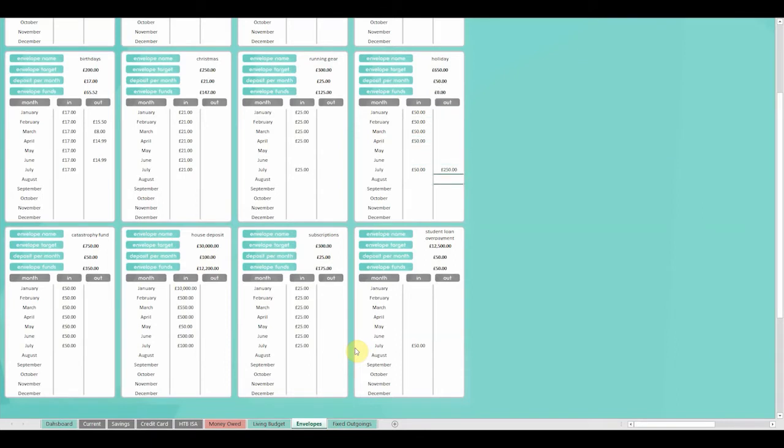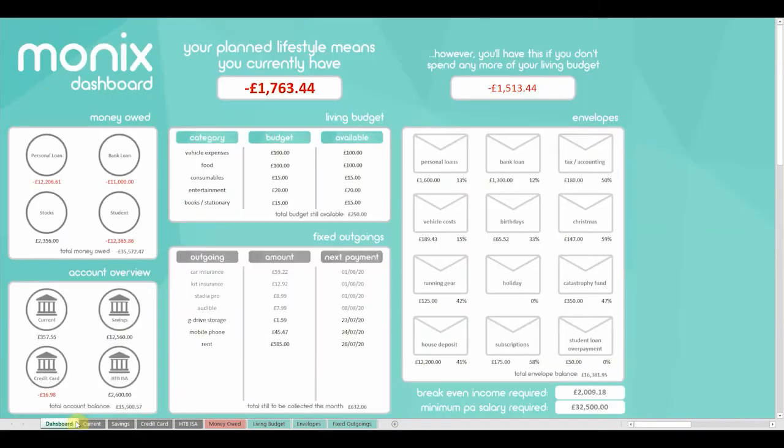It does exactly the same thing. Okay? Because if we then go into our dashboard, our holiday is reduced to 0, and our lifestyle balance has decreased by £250.